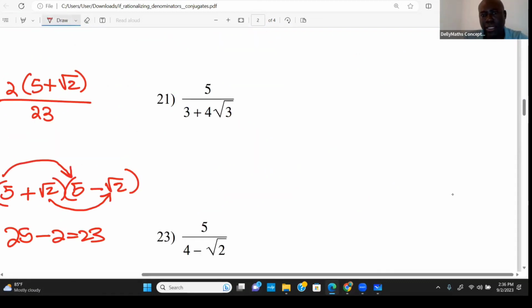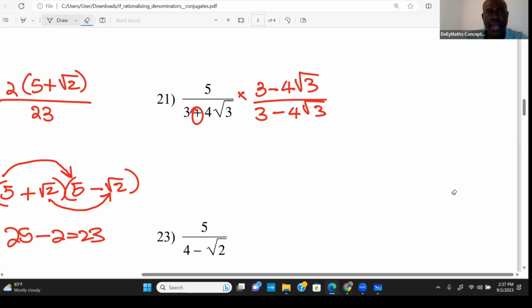I'm going to multiply this by 3 minus 4 root 3 over 3 minus 4 root 3, because I'm looking at the conjugate, right? Because this is positive, so I have to multiply by the negative. Now let's go. At the top, I'm going to put the 5 outside for now. Then I have 3 minus 4 root 3 here.